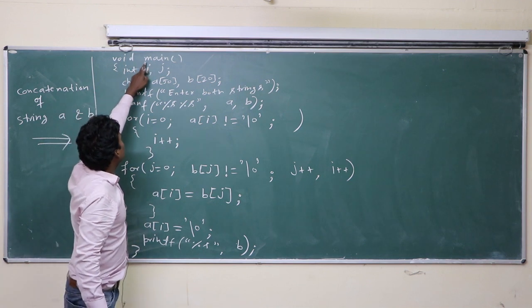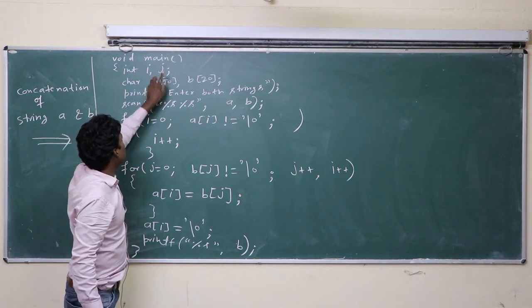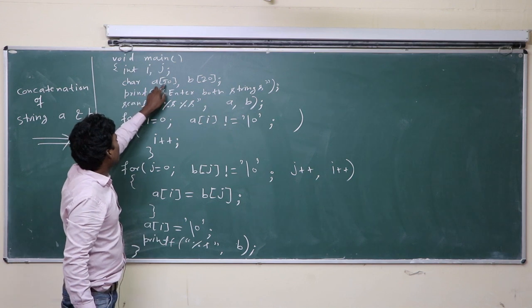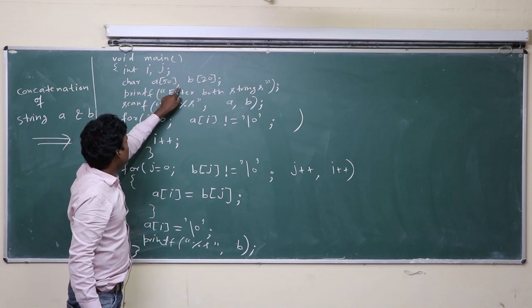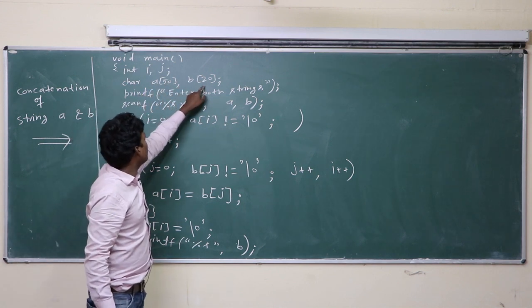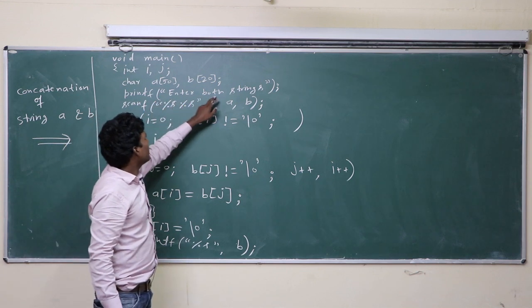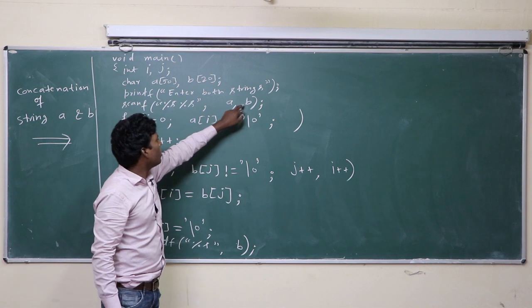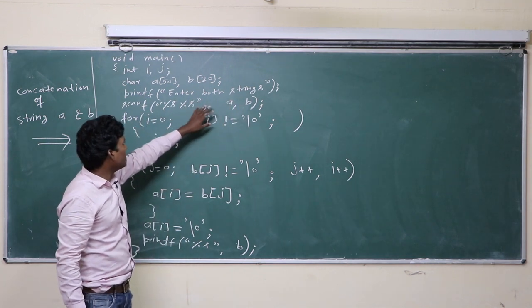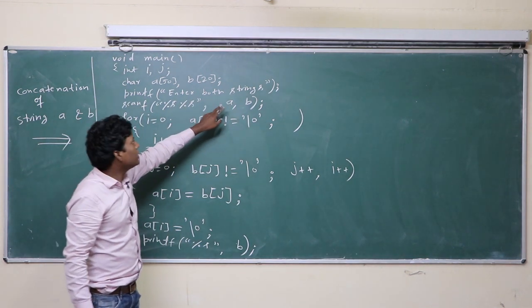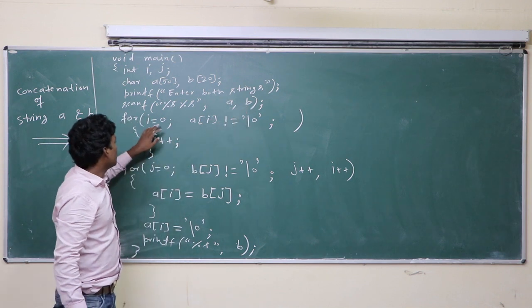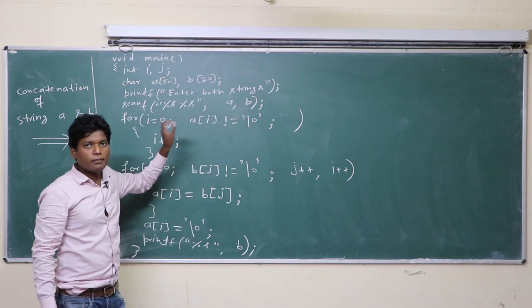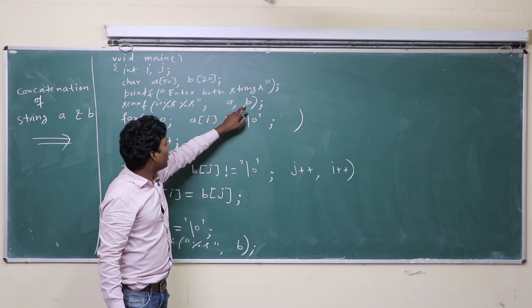Program execution starts with main. int i comma j, char a of 50 comma b of 20, printf enter both strings, %s %s a comma b. User input here, user fills the strings A and B. Now string A and B are both filled.